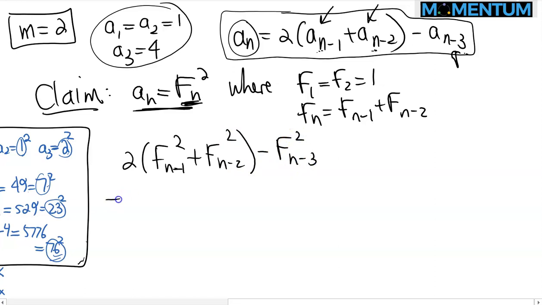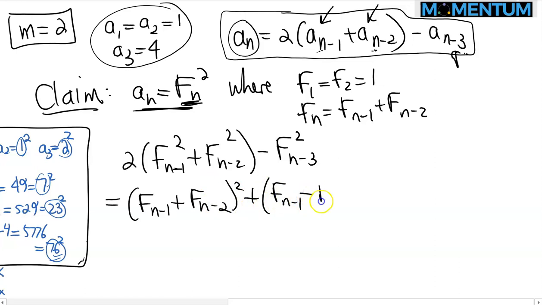Well, the trick is the following. This thing turns out to be exactly equal to the following expression: f sub n minus 1 plus f sub n minus 2, squared, plus f sub n minus 1 minus f sub n minus 2, squared, minus, I think we still need to make another adjustment here, f sub n minus 3 squared.